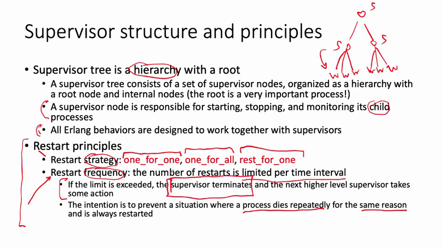So this actually is very effective. Most errors are fixed by restarting, but not all of them. The ones that are more complicated are fixed at a higher level. So in the AXD301, there's actually one higher level that does this.